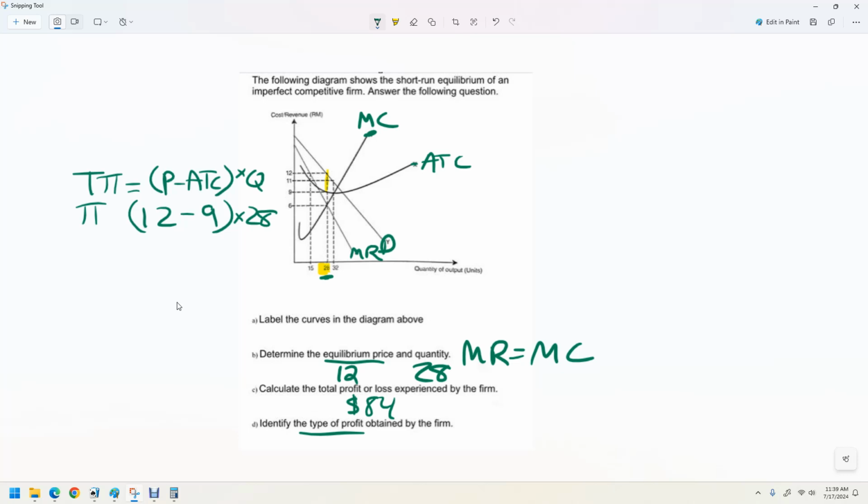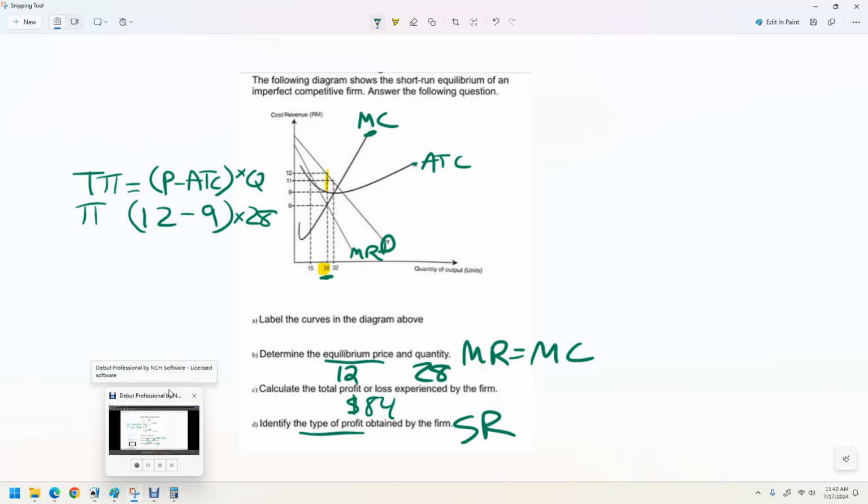You would say short run, because in the long run, new firms are going to enter the market, and that's going to decrease the demand for this firm's products and reduce their profits to break even. So they're probably looking for short run, something to that effect. And that's how to dissect any graph like that.